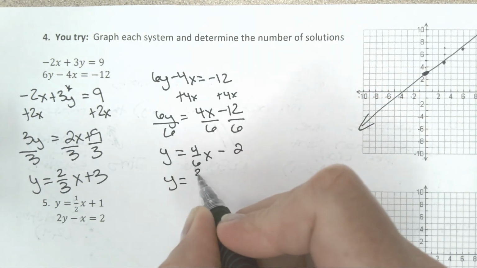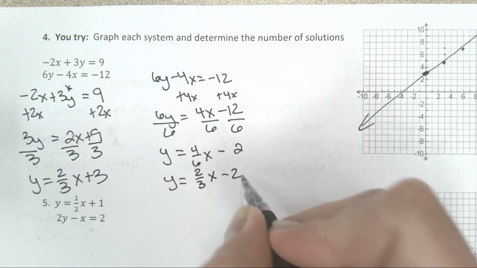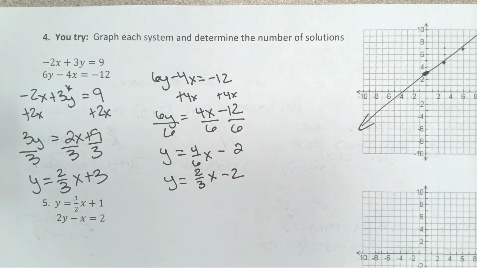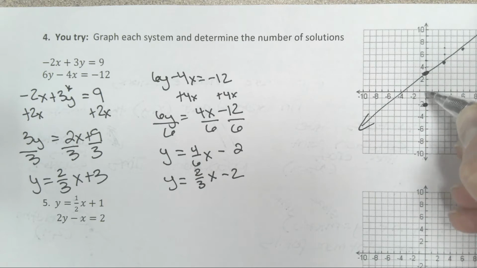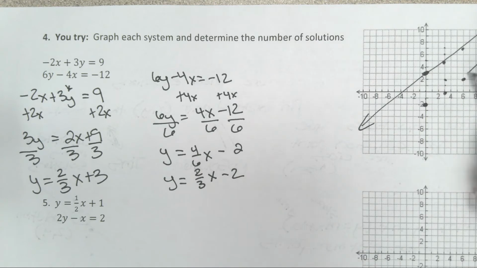And so let's get in the habit of reducing all of our fractions first. So y equals 2/3 x minus 2. So plot your y-intercept down at negative 2, go up 2 and right 3 a couple of times.